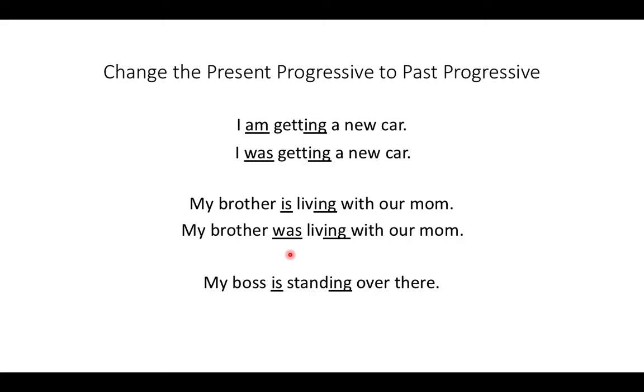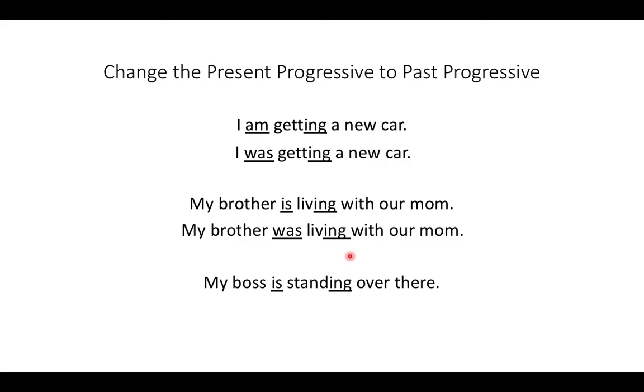Those are the ones that we change to past tense. We don't need to change the ing verb. That one gets to stay the same if we're going from present progressive to past progressive. My brother was living with our mom.